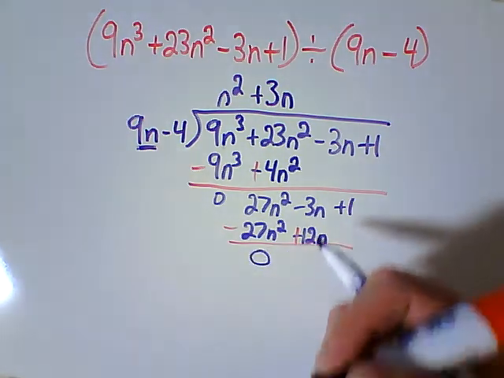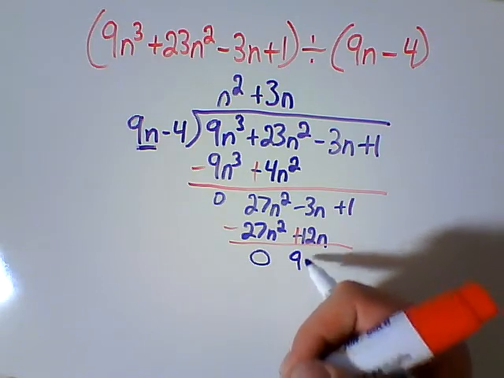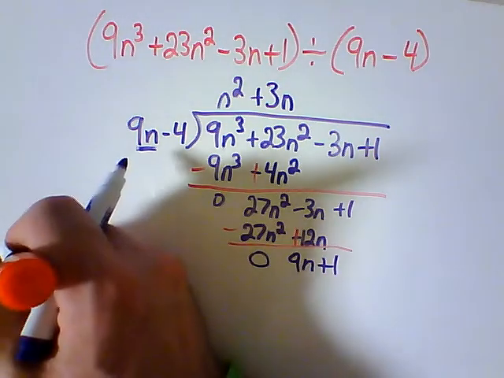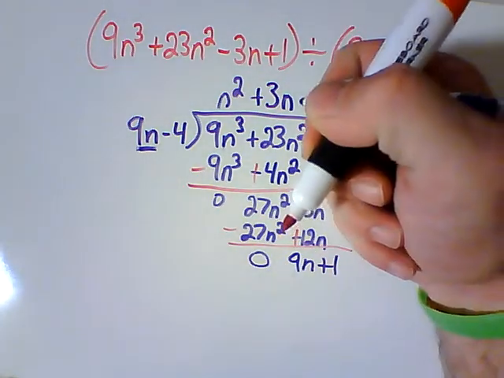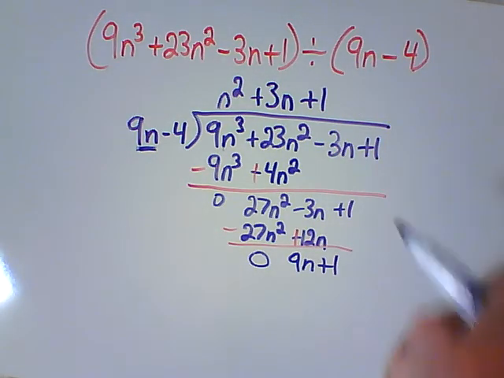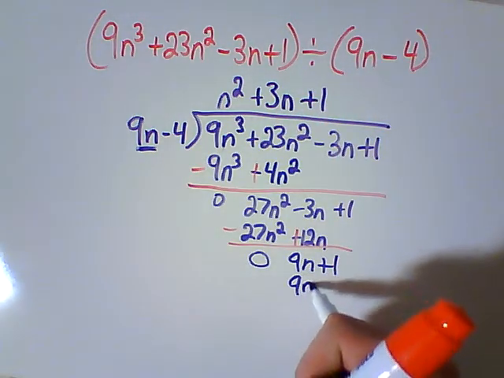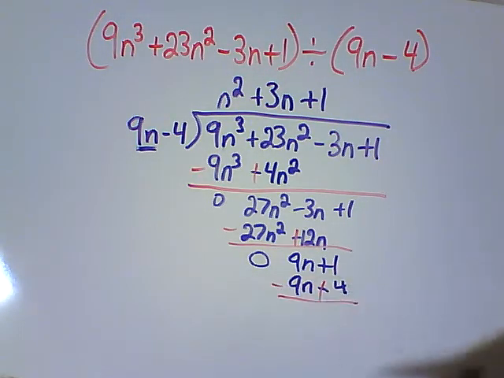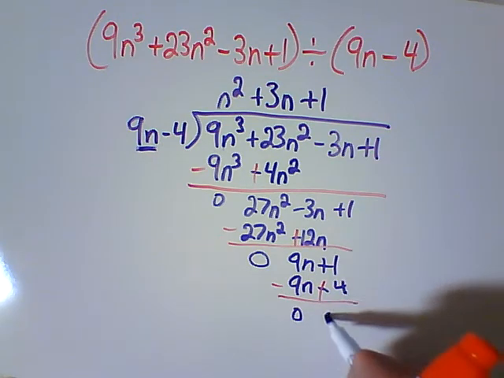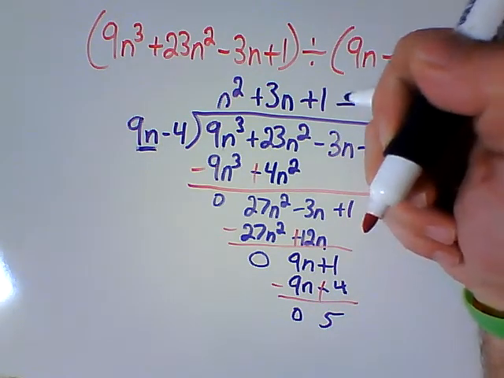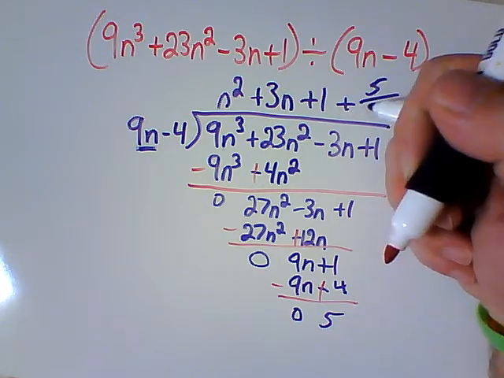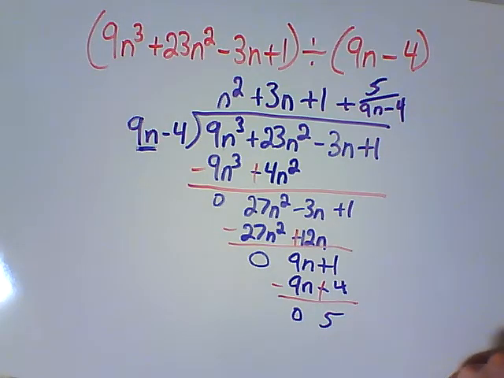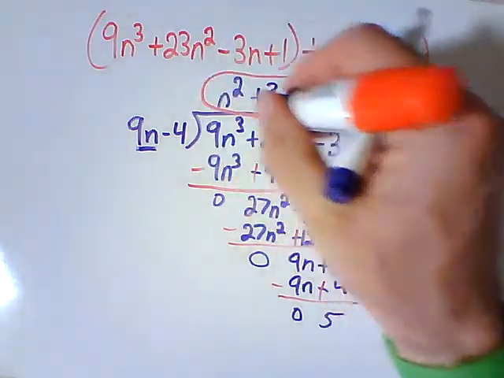That becomes 0, and negative 3 positive 12 becomes 9n plus 1, right? 9n divided by 9n, that is just 1. 1 times 9n, 9n. 1 times negative 4, negative 4. Draw a line, change your signs. 9n, 9n, 0, and that becomes 5. So it is plus 5 over 9n minus 4. And that's it. That's your answer.